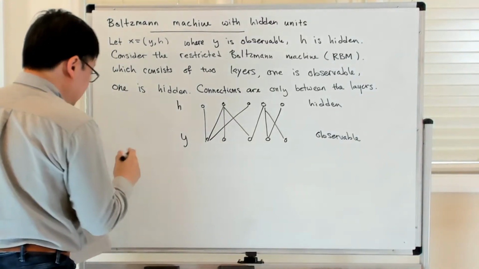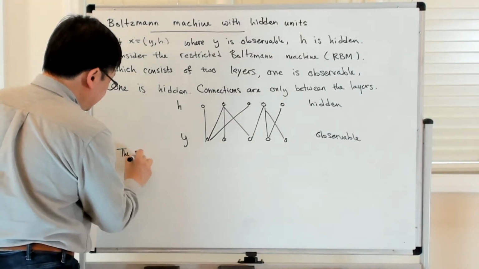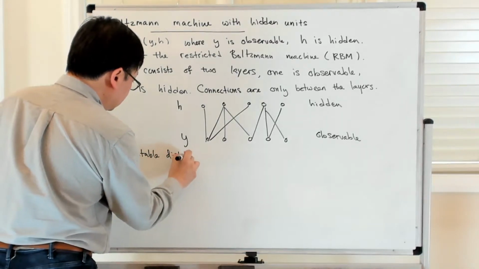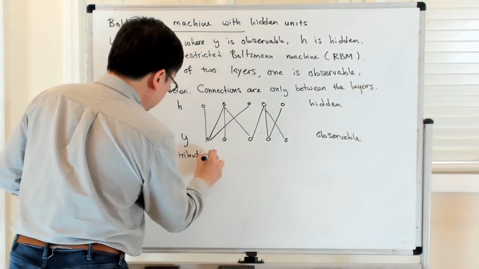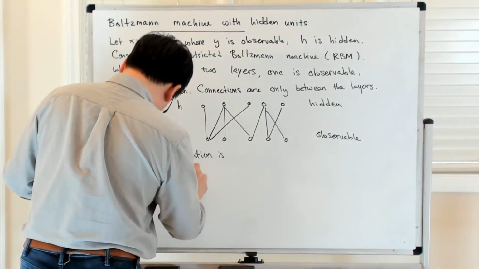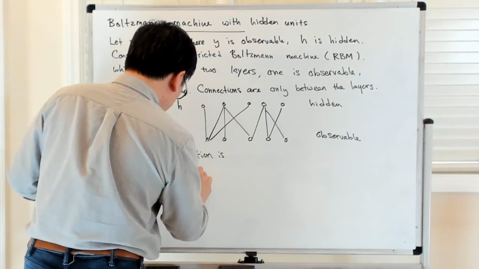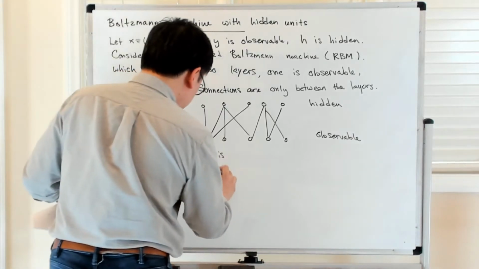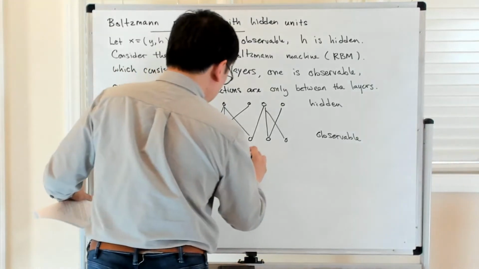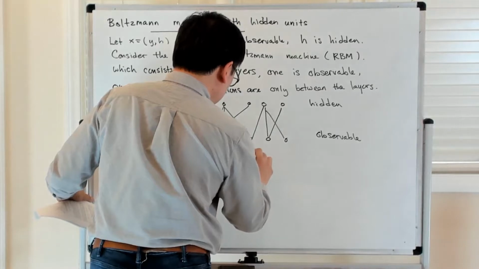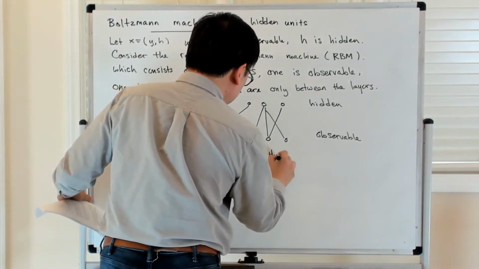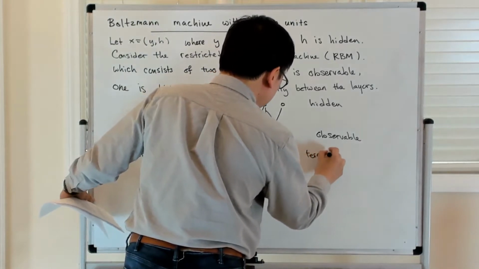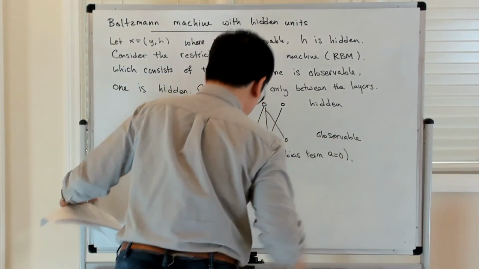So the stable distribution is P(y, h; W). So I'm going to ignore the bias term, so that means that A is equal to 0.